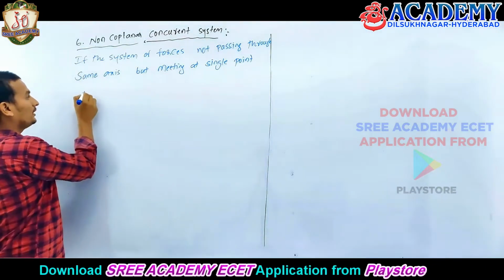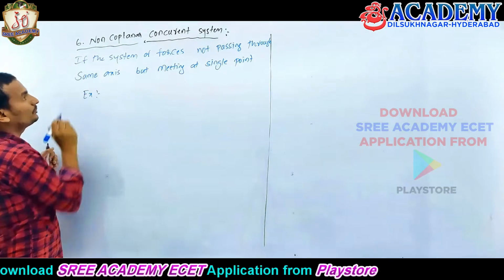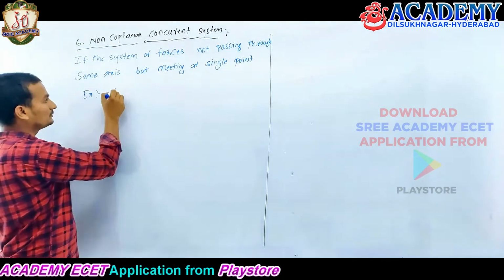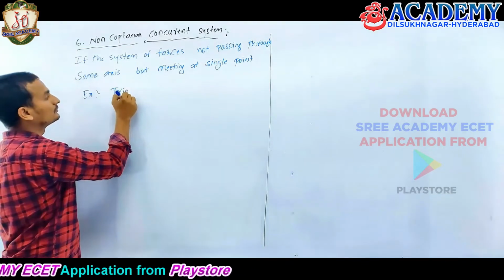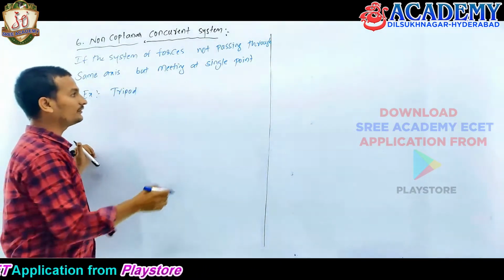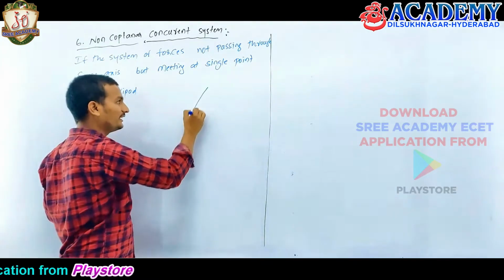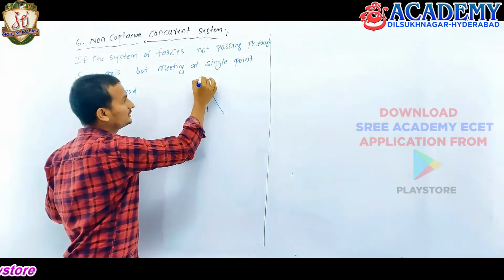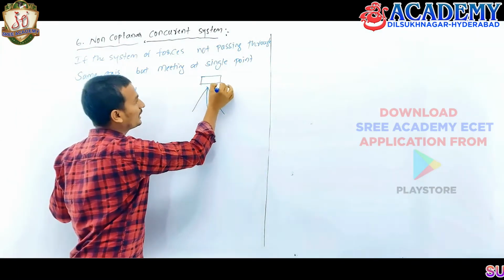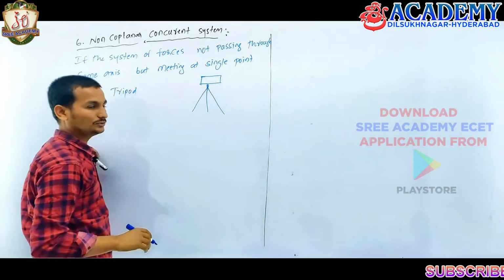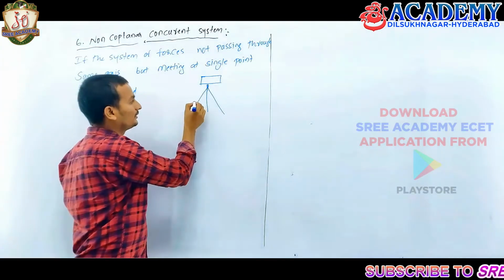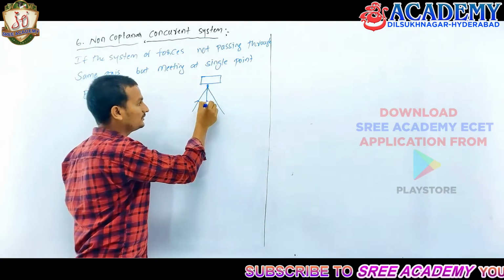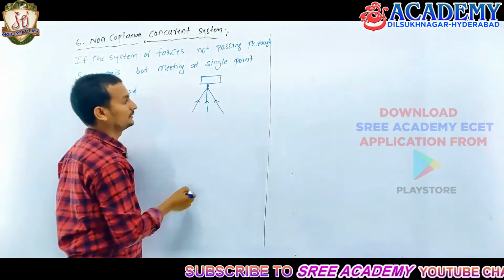See, here the example for the non-coplanar concurrent system is a tripod. How is it a tripod? We use it in surveying. This is the tripod, right? This is the instrument we fix over the tripod. Yes or no? See, this is one force, this is one force, and this is one force.